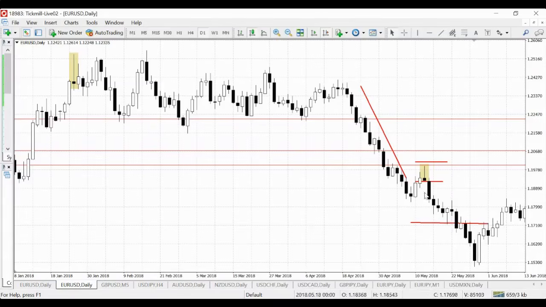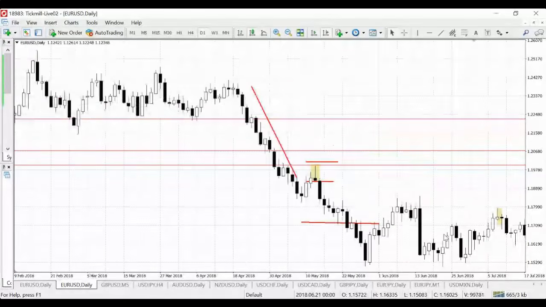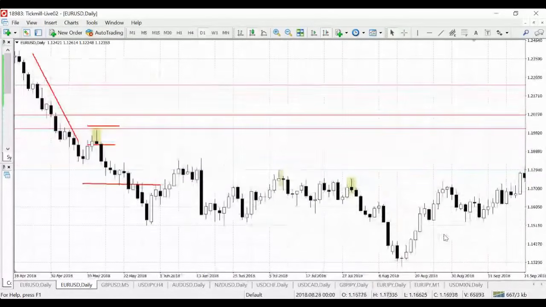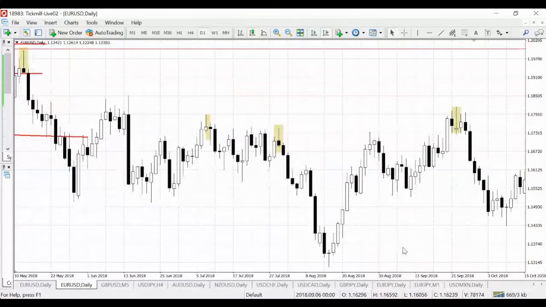That would be a successful example of a pin bar setup. If we move on, we keep finding these pin bars. For example, we have one over here and another one here.